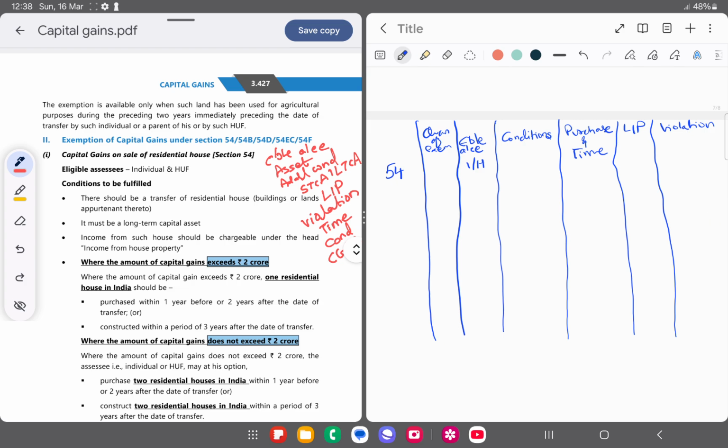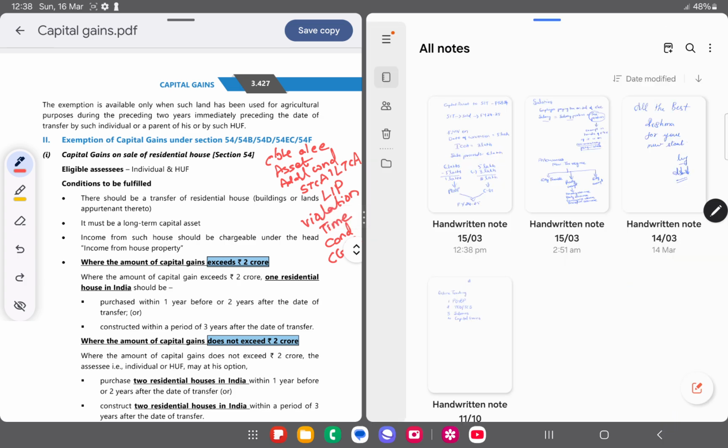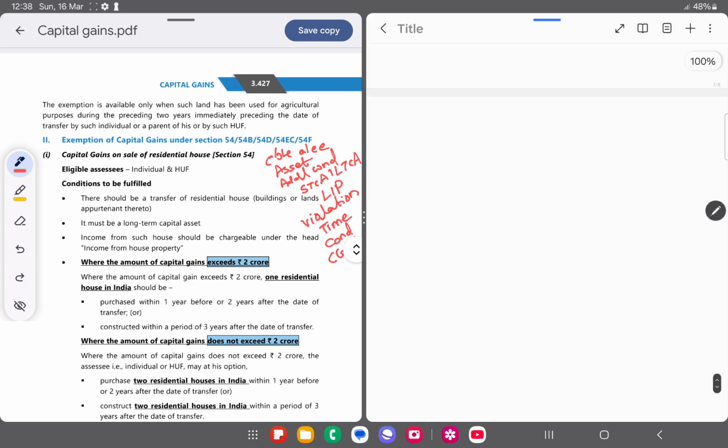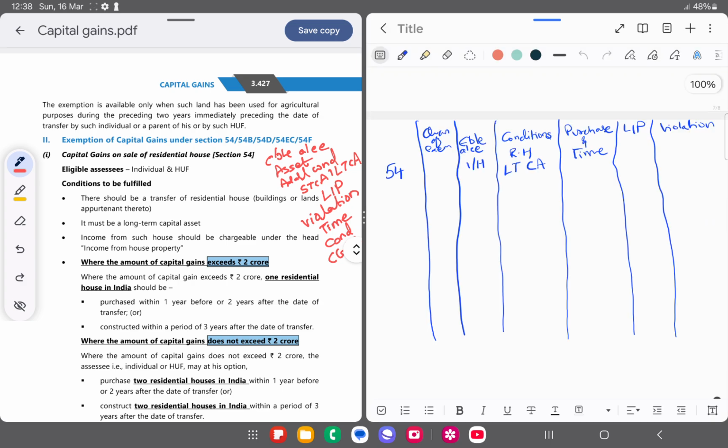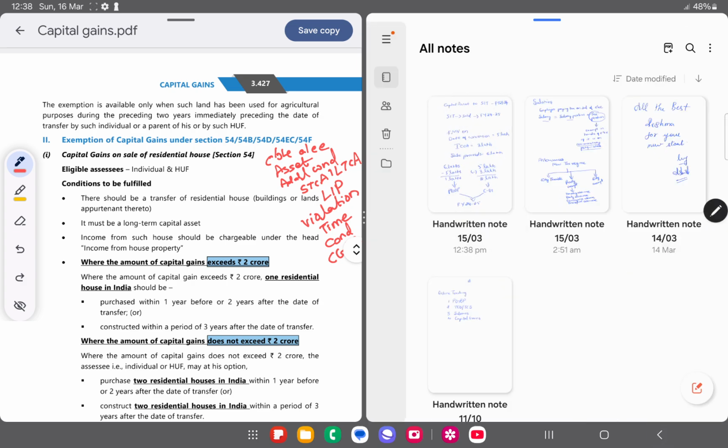So there should be a transfer of a residential house. It must be a long-term capital asset. Income should have been charged to income from house property.